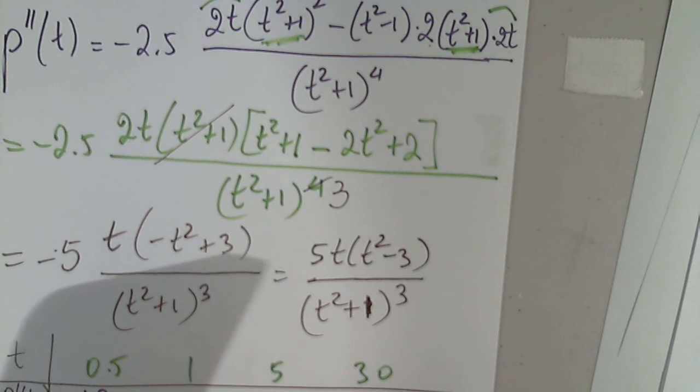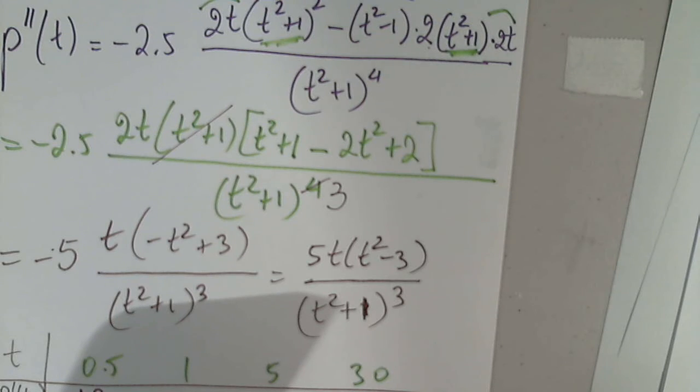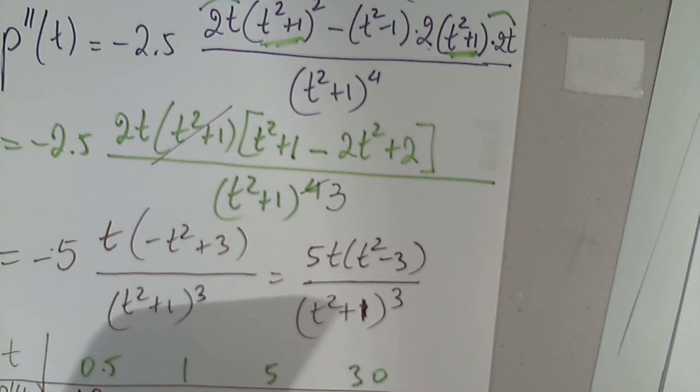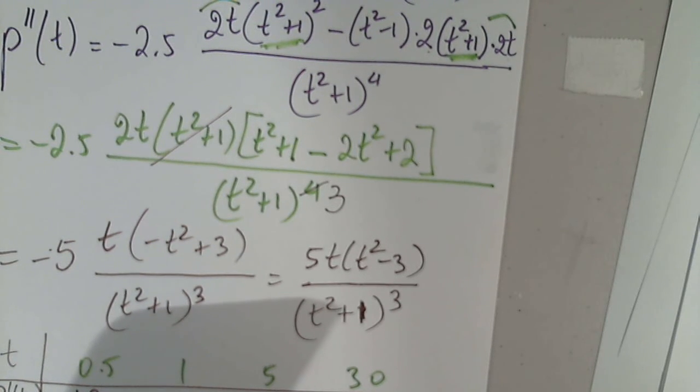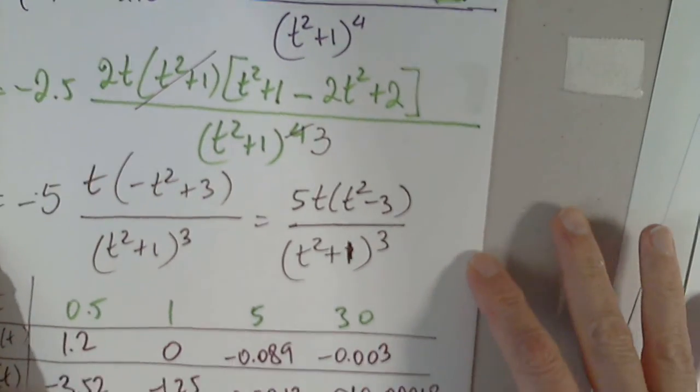And the second derivative is negative 3.52, negative 1.25, 0.0313, and almost 0. Any questions?